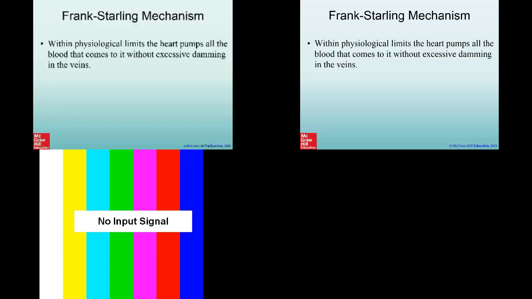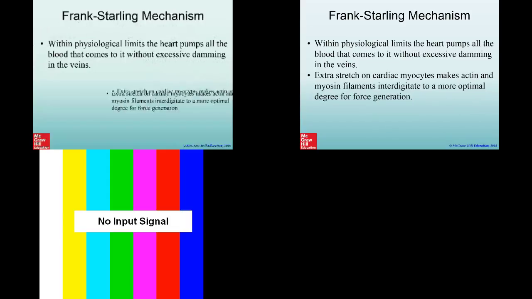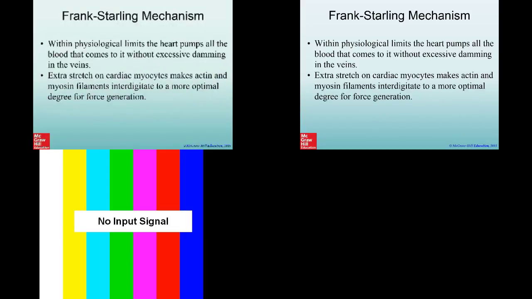According to Frank-Starling, the heart, completely devoid of any other input at all, no sympathetic or parasympathetic input, on its own, when those cardiac myocytes are stretched, when you increase end diastolic volume, you increase venous return, that heart is going to contract more forcefully. That's going to set up a positive inotropic state.